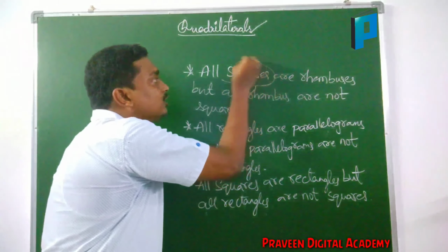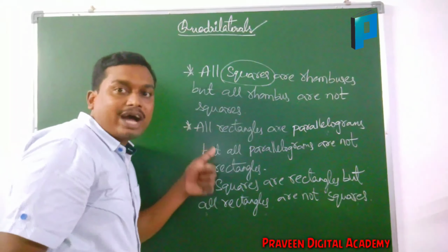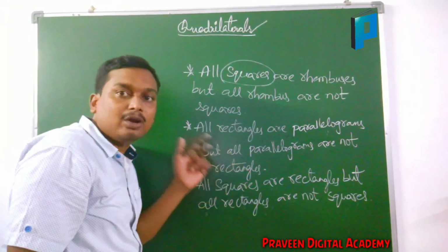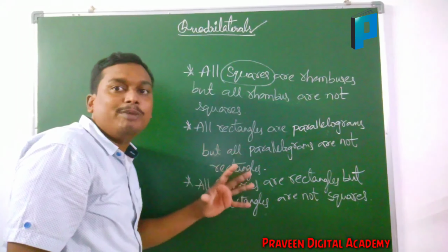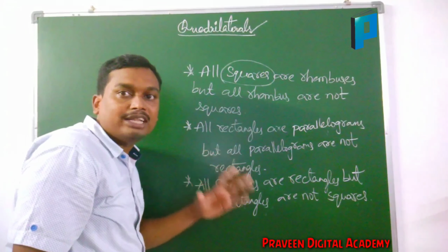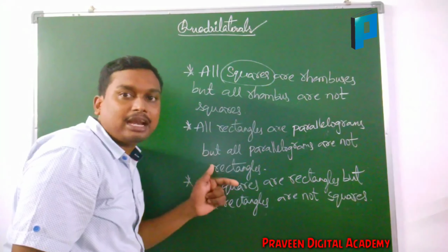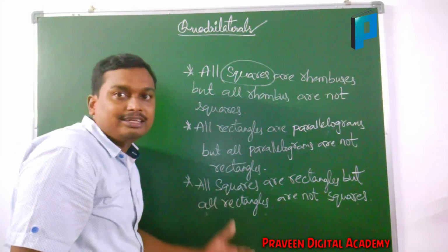Here a square obeys all the properties of the quadrilaterals. A square is a rectangle, a square is a trapezium, a square is a parallelogram, a square is a kite. A square will obey all the properties of other quadrilaterals. But coming to the rectangle, a rectangle is a parallelogram, a rectangle is a trapezium, we can say.